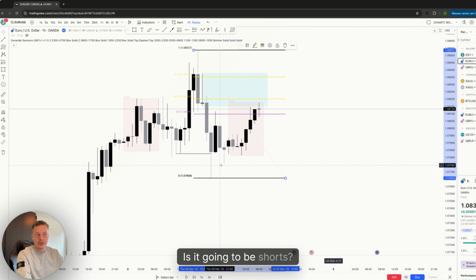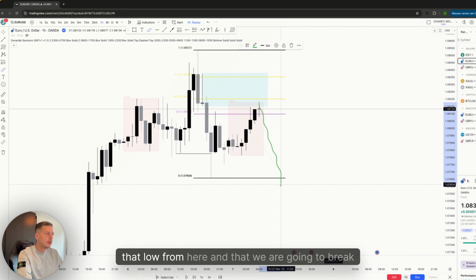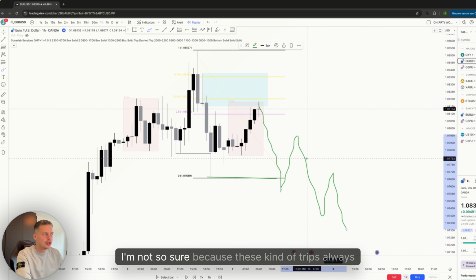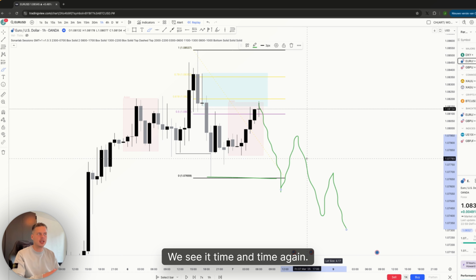Is it going to be shorts? Is price going to show us that we want to make that low from here and that we are going to break this structure and price is going to step down? I'm not so sure, because these kinds of traps are always pre-built for a London session or a New York session. We see it time and time again.